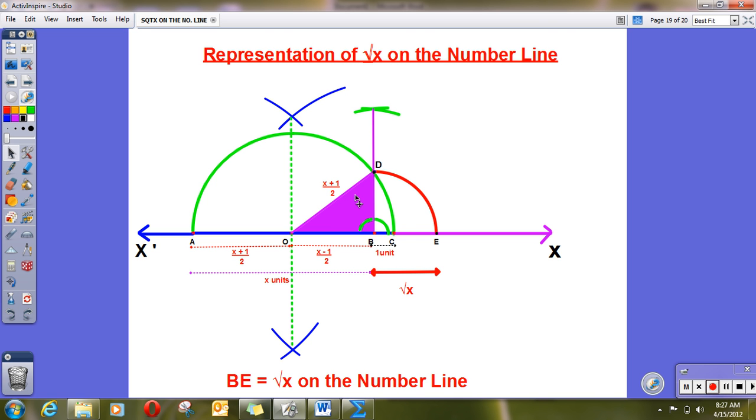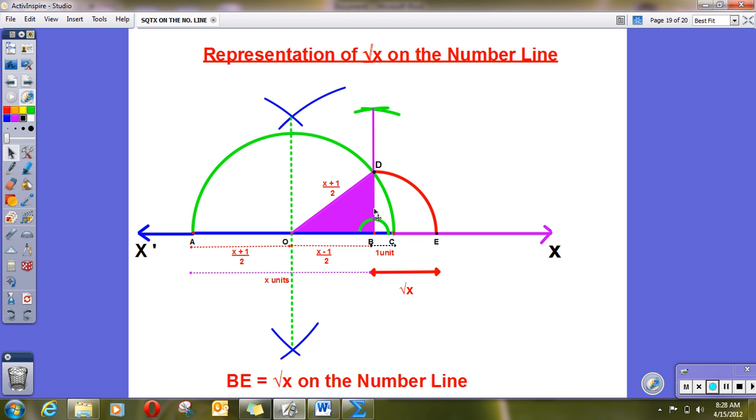Now in right triangle OBD, we wanted to find out OB. We knew AB, we knew OA. So by subtracting OA from AB, we got OB equal to (x minus 1)/2. Now in the triangle, we have got this side, we got this side. The only side left is this, which by the use of Pythagoras theorem comes out to be square root of x.